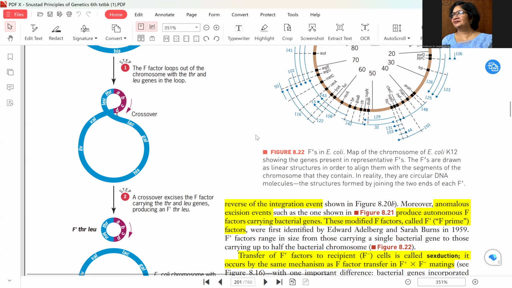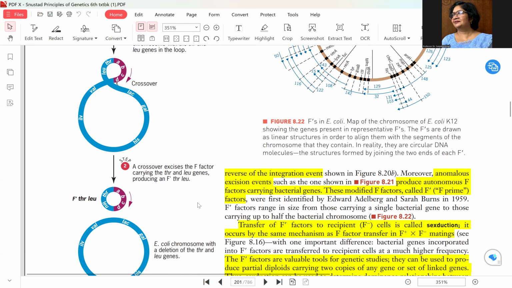And if very short DNA sequences are involved in site-specific recombination, then those short sequences are likely to be present in different places along the length of the bacterial chromosome. And because of this, the F factor may find a short stretch of DNA in the bacterial chromosome to which its ends are homologous and can carry out recombination with those sequences instead of the original sequences used for integration.